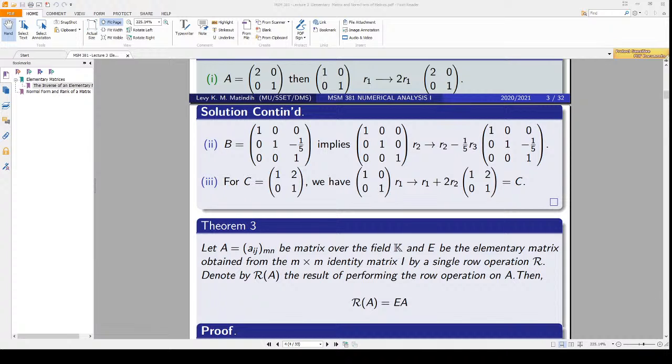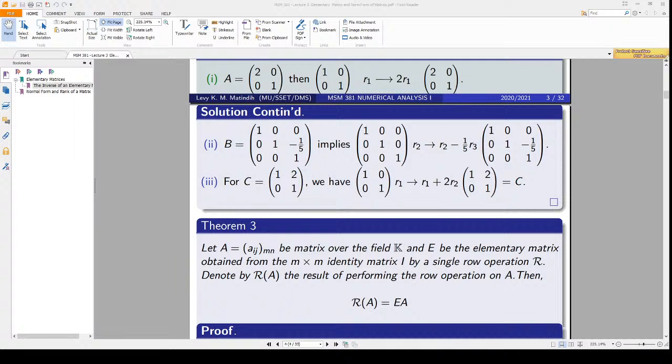How can we do that? This is only possible if we subtract 1/5 of row 3 from row 2. If you subtract 1/5 of row 3 from row 2, you get the matrix B.